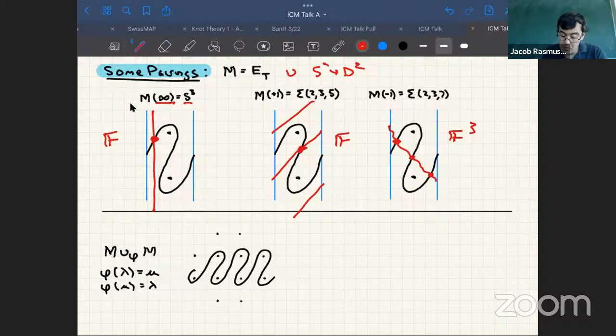Okay. Maybe a more interesting calculation to make is what happens if I glue together 2 of these exteriors of the trefoil in such a way that I match up meridians with longitudes and vice versa. The calculation that I need to do there looks like this.